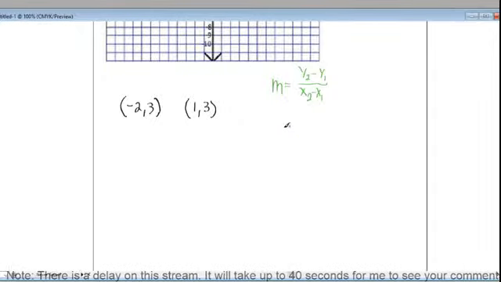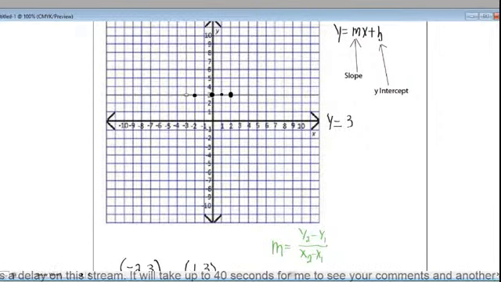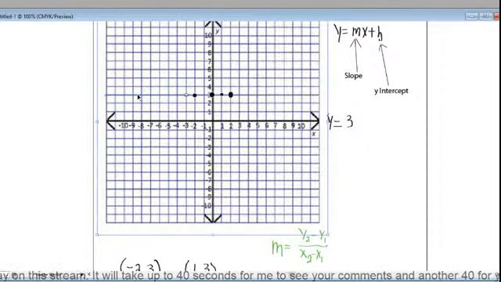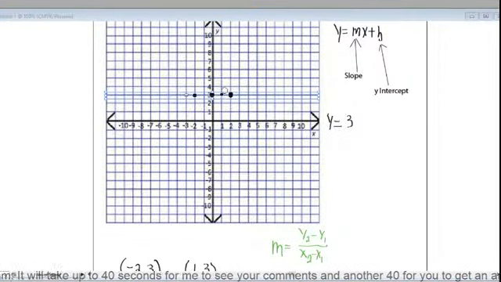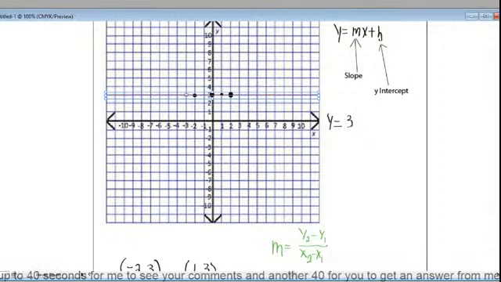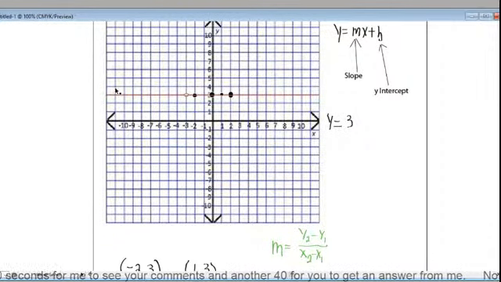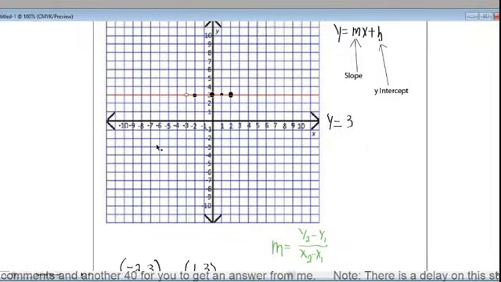So again, if we looked at our graph here, which is actually kind of hard to see, I'll try to select that. Let's make that something that stands out. Cool. So if we look at our graph here, it is just a flat line. And what does that mean about our slope?